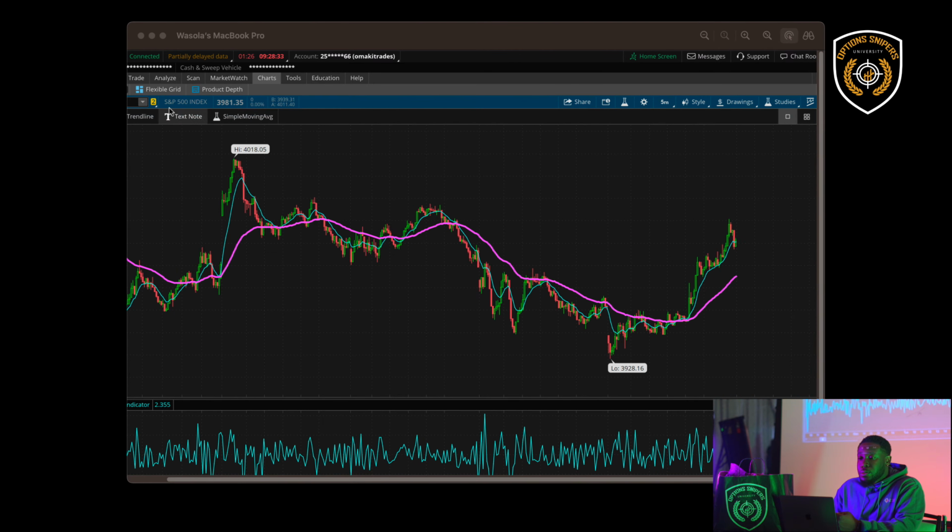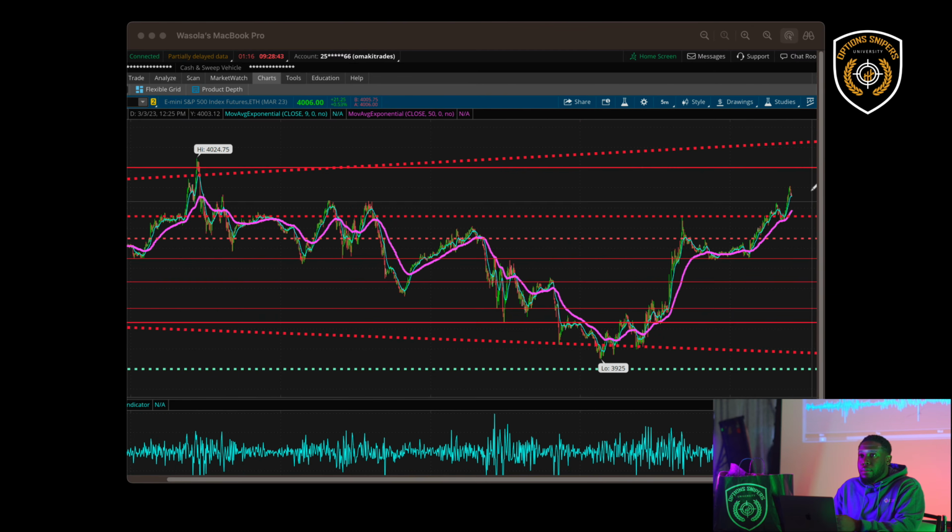Because SPX doesn't trade during pre-market, right? So right now this is the data as of yesterday. But because we're in futures, we can already see that it already gapped up. You see what I'm saying?